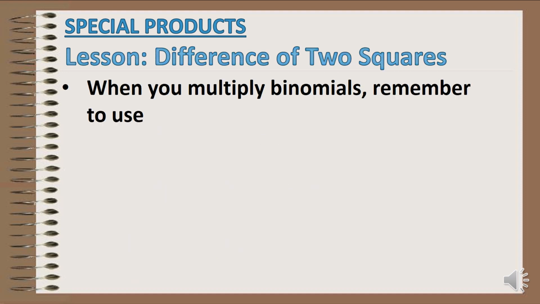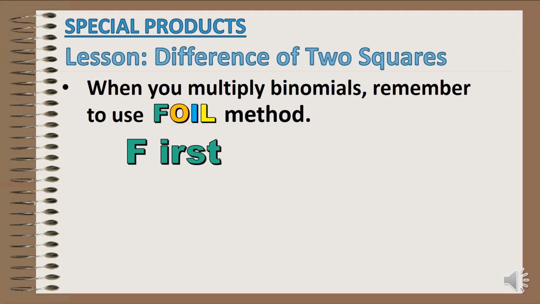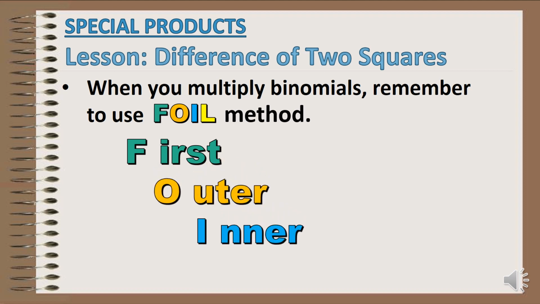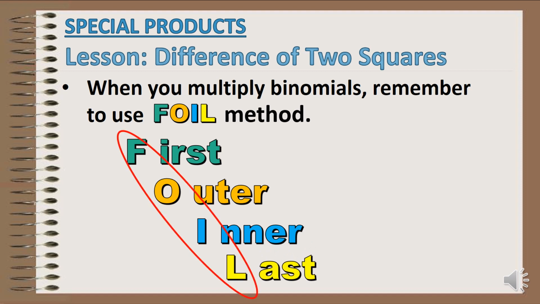When we multiply binomials, we have to remember to use the FOIL method. FOIL method is an acronym that stands for first, outer, inner, and last. That makes your FOIL method.